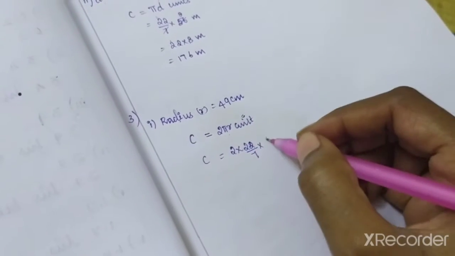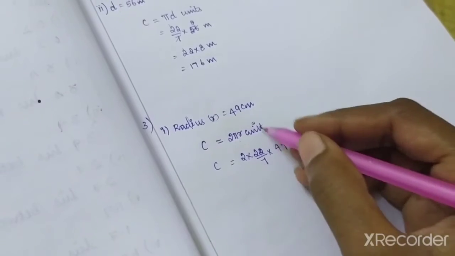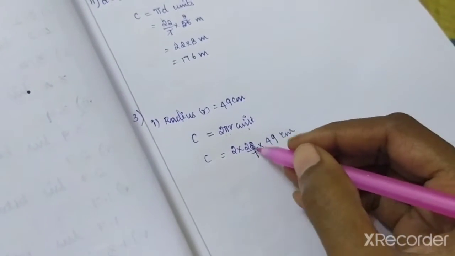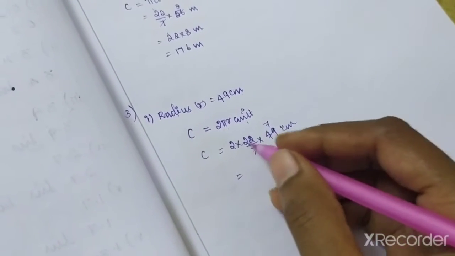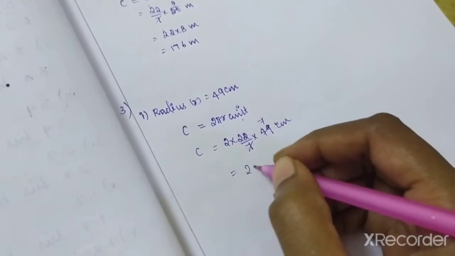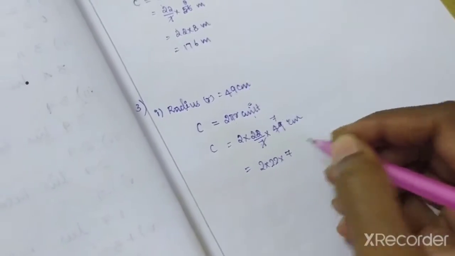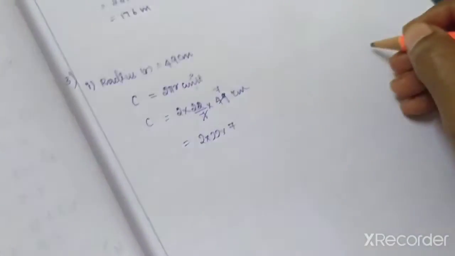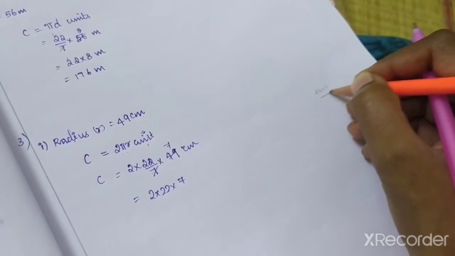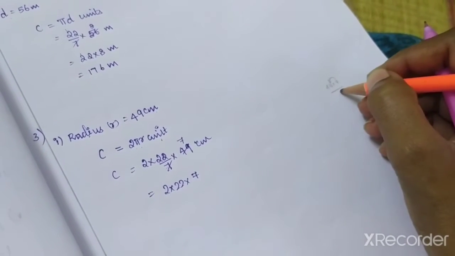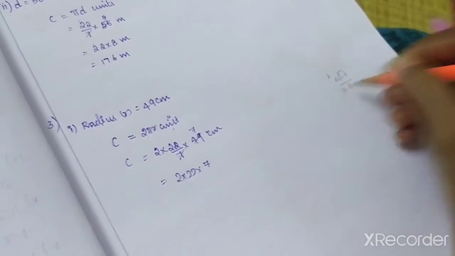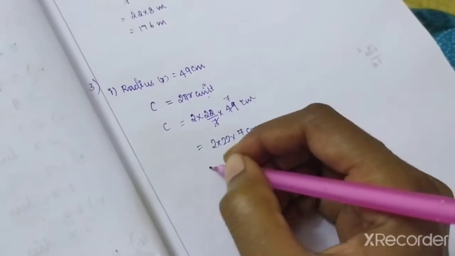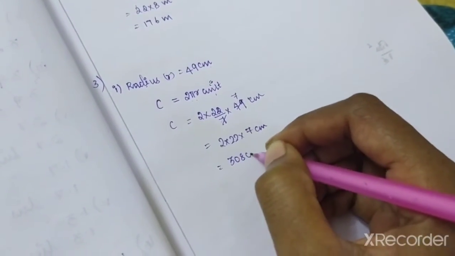What is the R value? 49 centimeter. Is anything cancelled? Yes, 49 for 7 times. 2 into 22 into 7. 2 into 22 is 44. 44 into 7: 7 4s are 28, so 2, 7 4s are 28, so 30. So 308 centimeter. You will try the second sum.